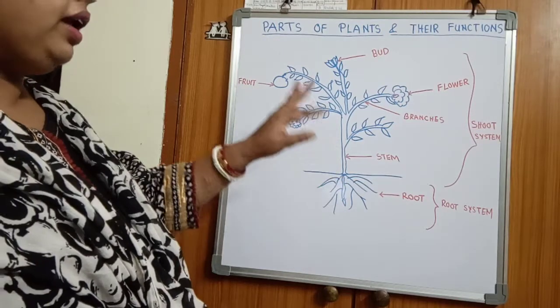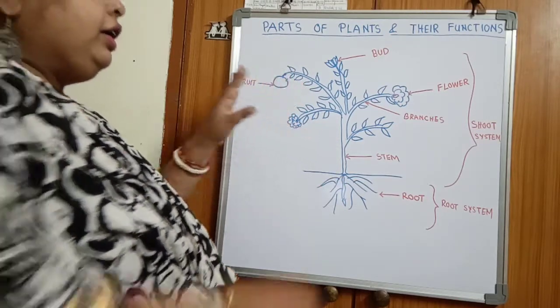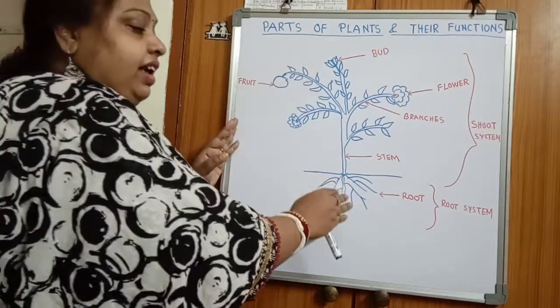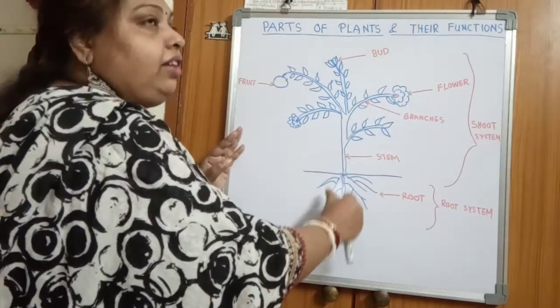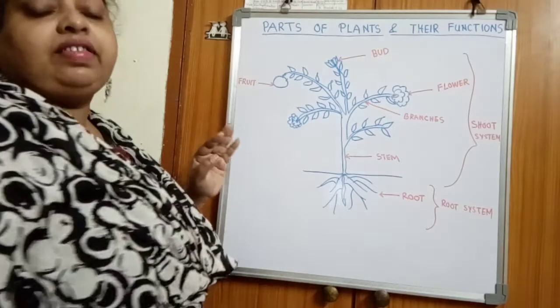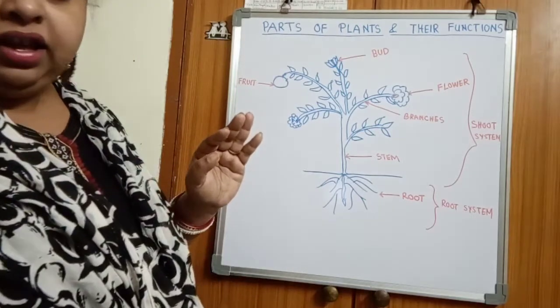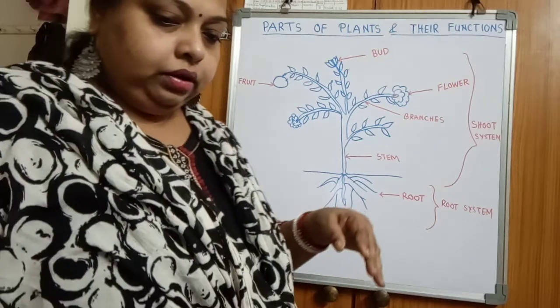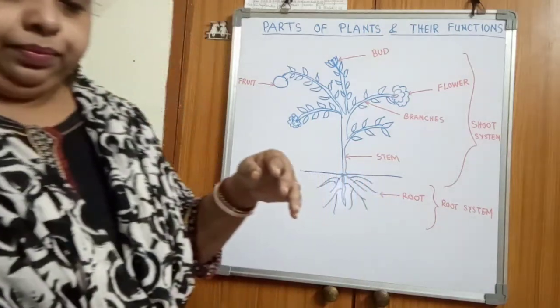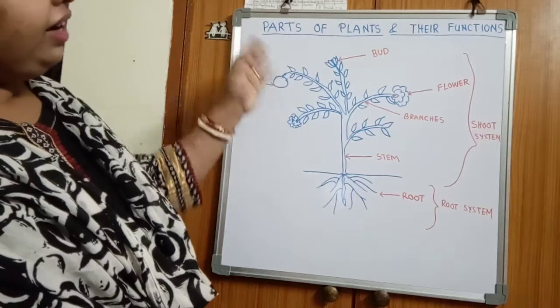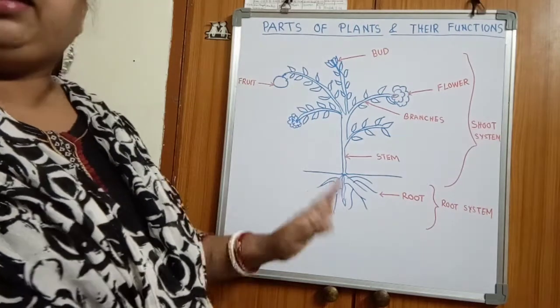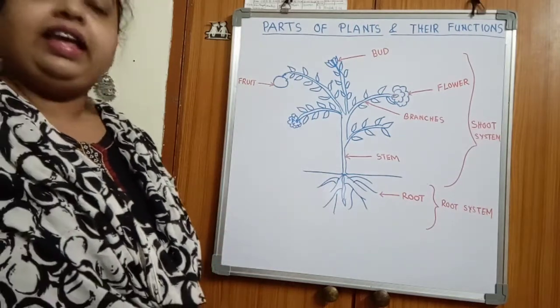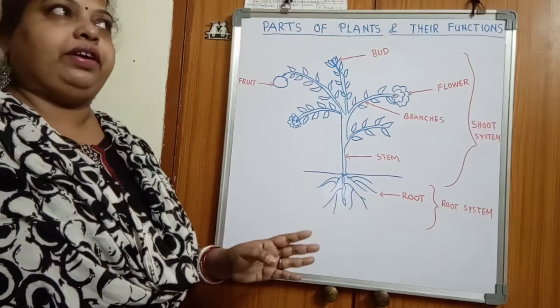The root helps the plant to stand erect as it fixes the plant to the soil. It helps the plant to stand erect. This is the second function.